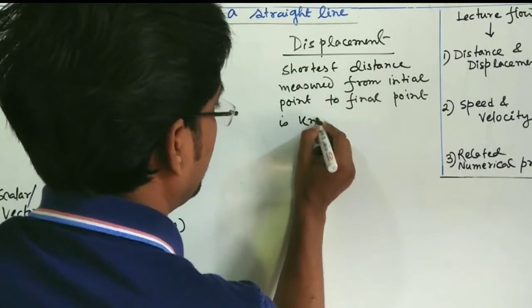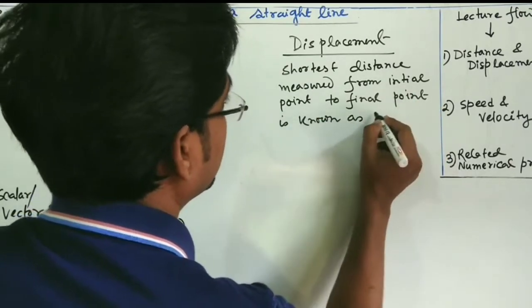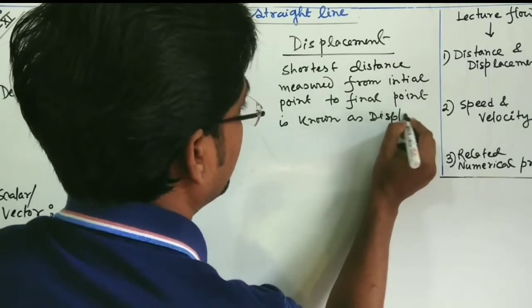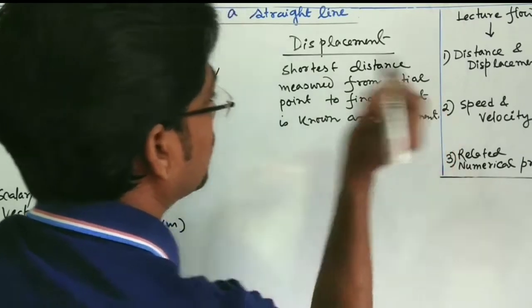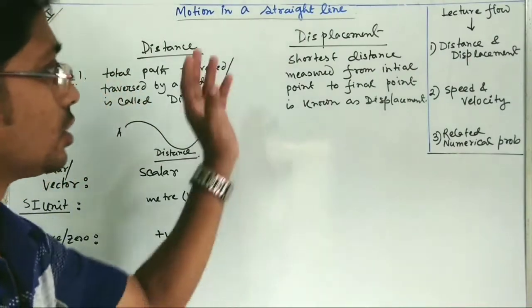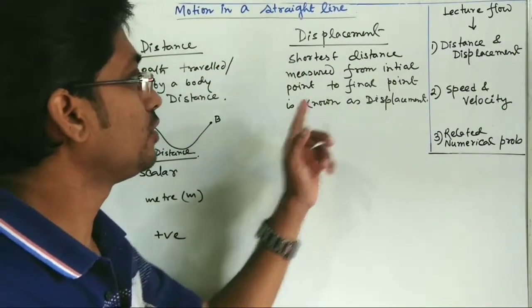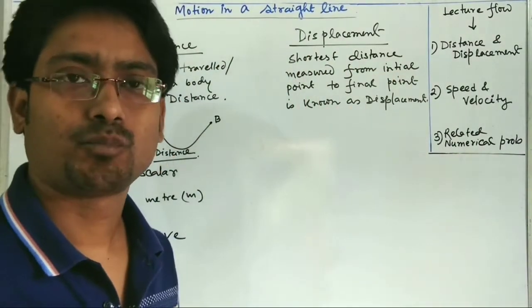So what is displacement? Displacement is the shortest distance measured from the initial point to the final point.